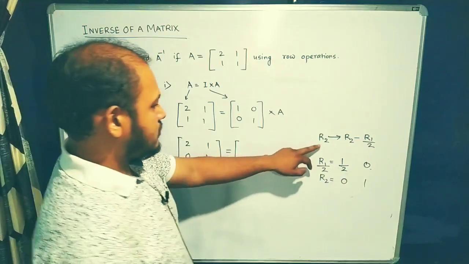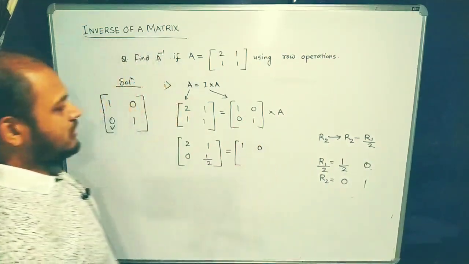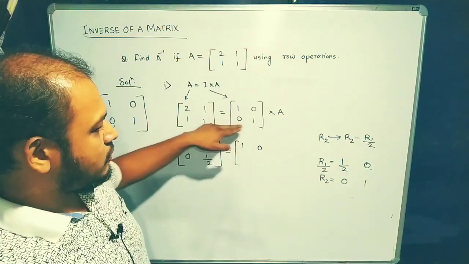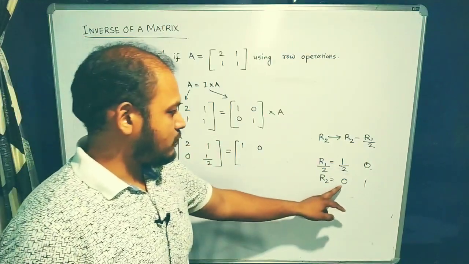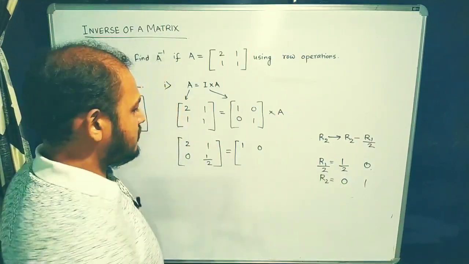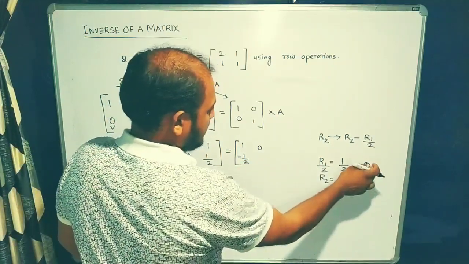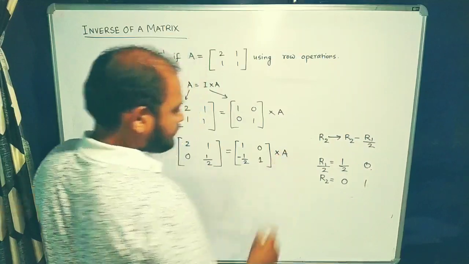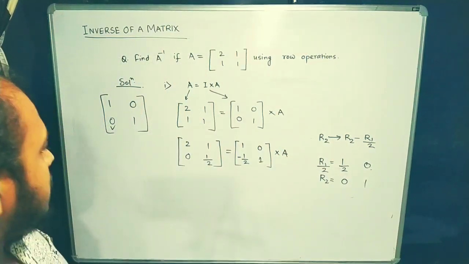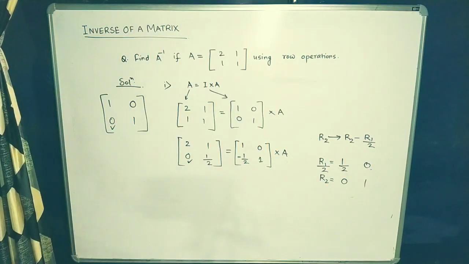Now see here, the first row is not changing, so we will write the first row as it is, and in the second row we will use R2 minus R1 by 2 just like we have done here. Same thing we will do here. 0 minus half is minus half, and in this position 1 minus 0 is 1 into A. So after doing this operation, we are seeing that we are achieving a 0 successfully at this position.